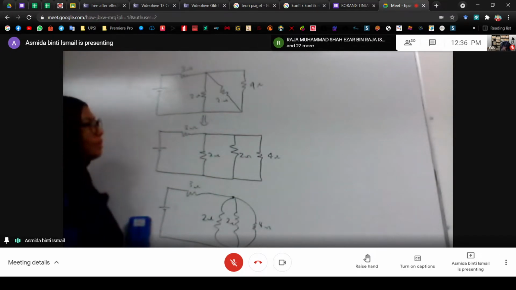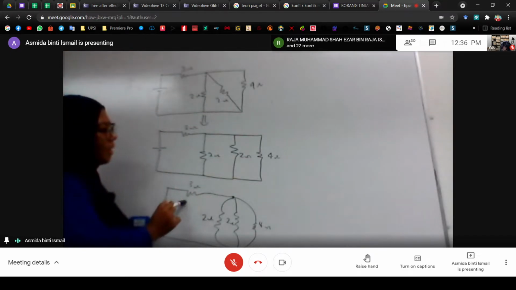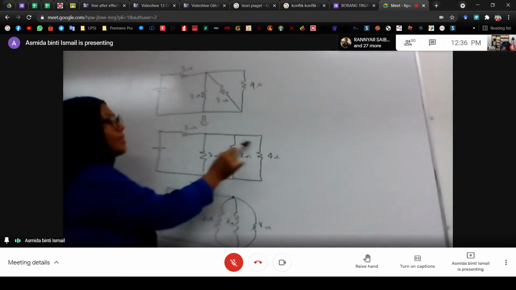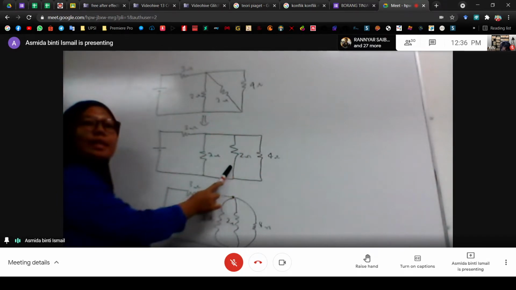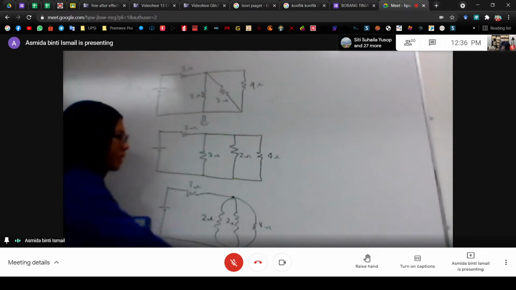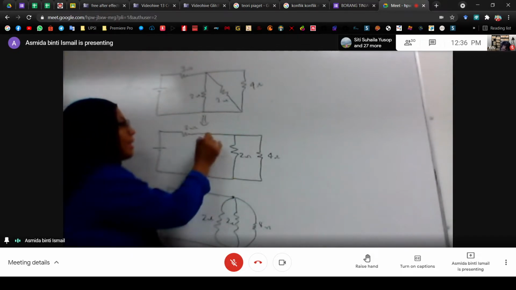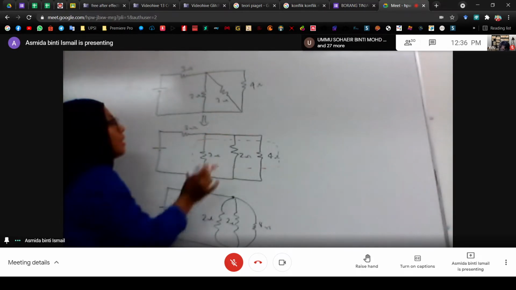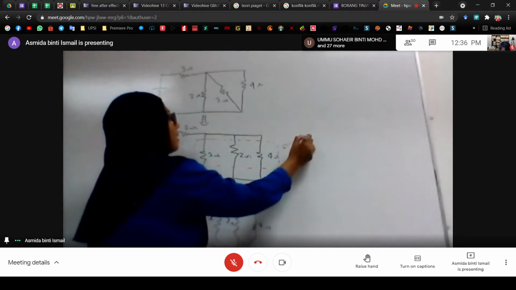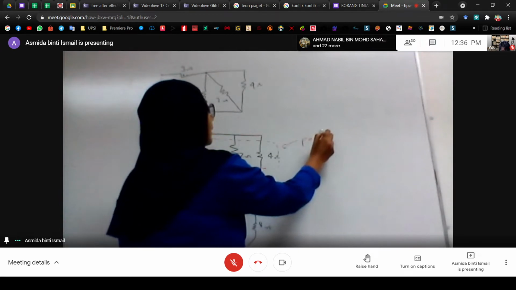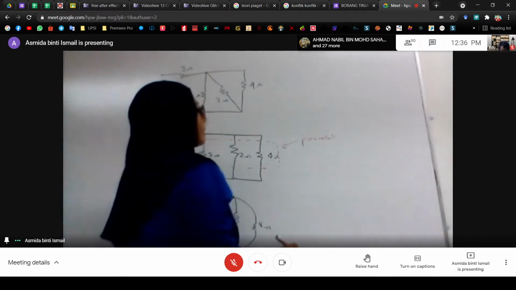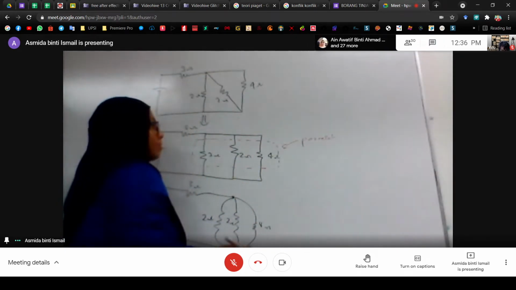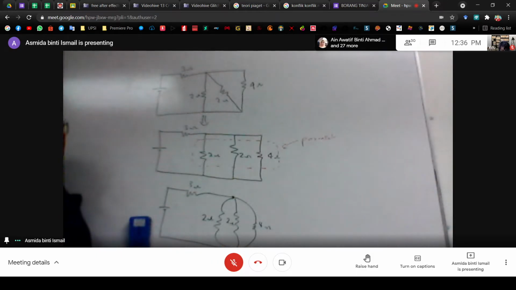Okay. So these three resistors are connected in parallel.